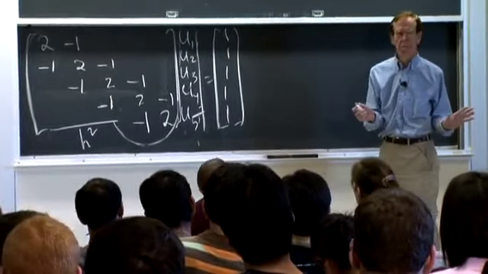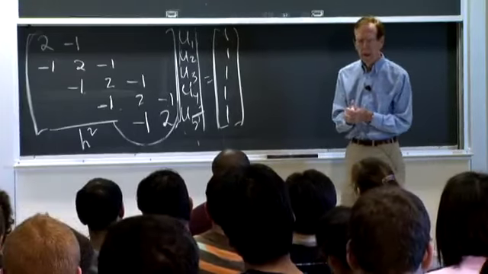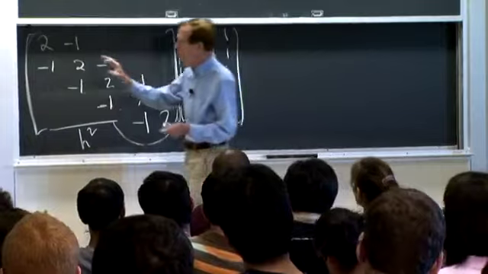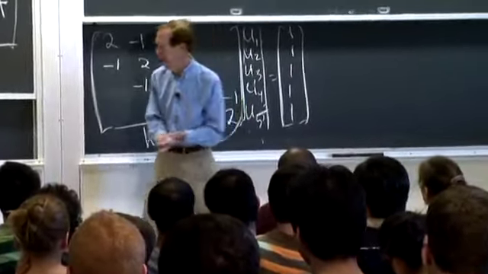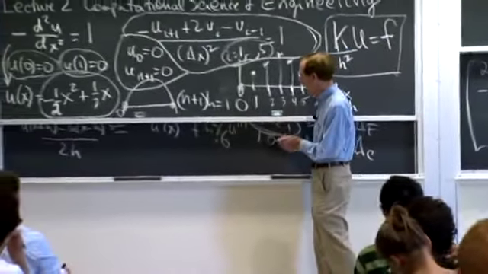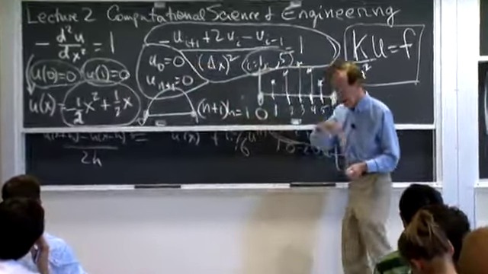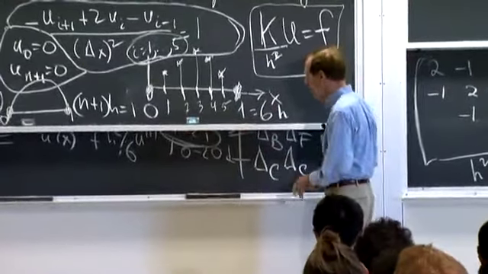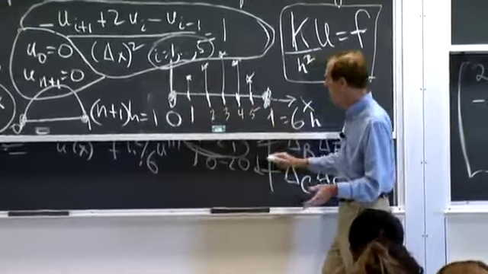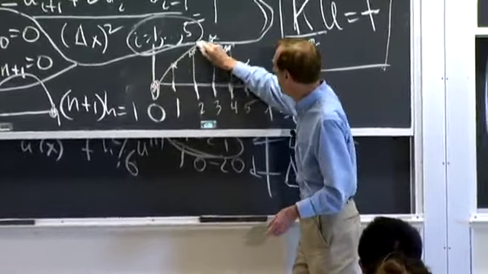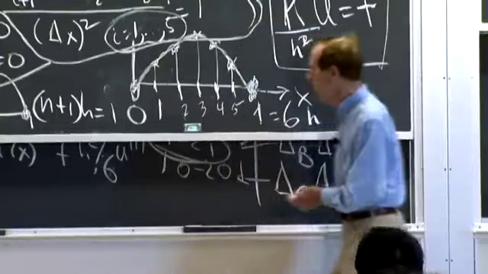And there's something wonderful for this special case. The 5 points fall right on the correct parabola. They're exactly right. So for this particular case, the exact solution was a quadratic, a parabola, and that quadratic matches these boundary conditions, it will turn out that those points are right on the money.